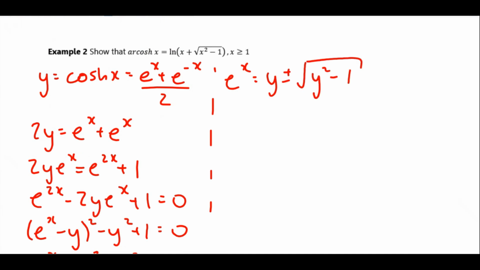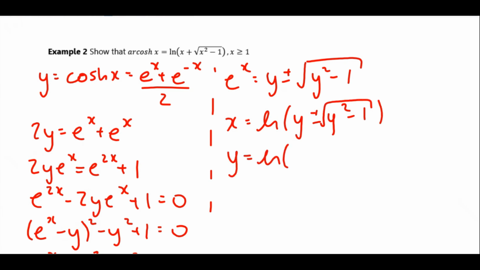And I'm going to take logs too. So x equals ln of y plus or minus root y squared minus 1. And swap the x and y, so y equals ln x, sorry, of x plus or minus root x squared minus 1.